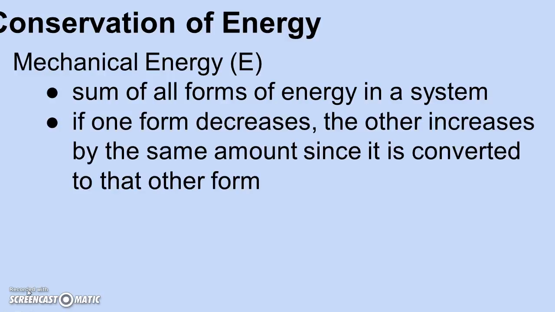If one form decreases, the other increases by the same amount, since it is converted to that other form. This can also be explained as changes in temperature due to friction, but we will restrict our inquiry to forces that are conserved. We will not introduce at this time non-conserved energy forces.